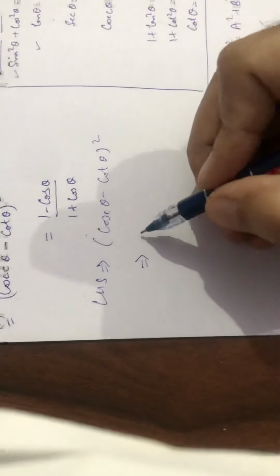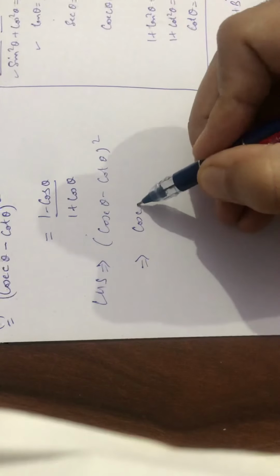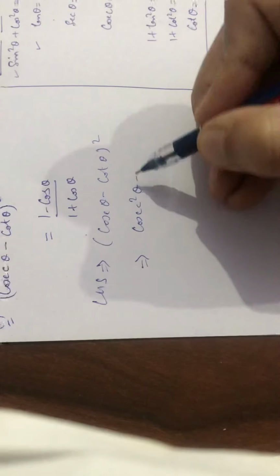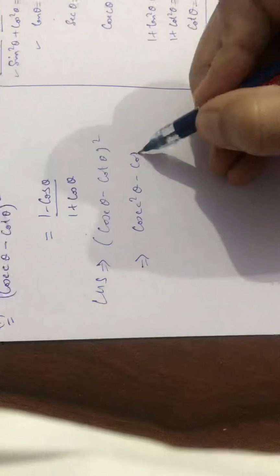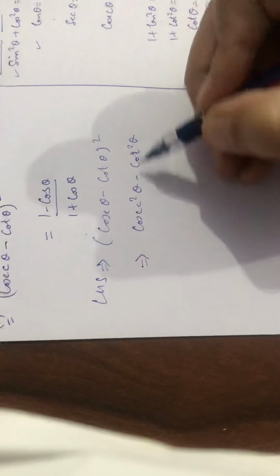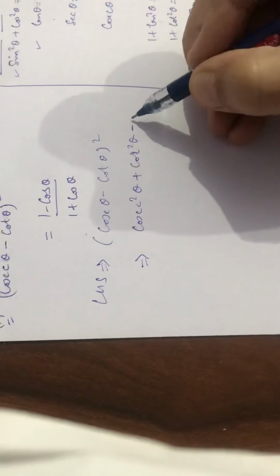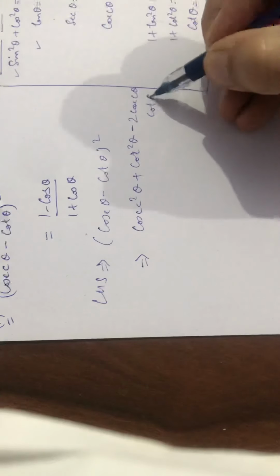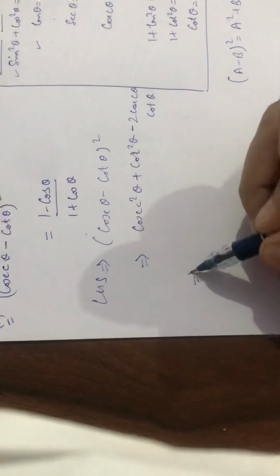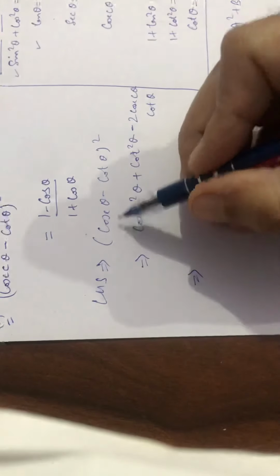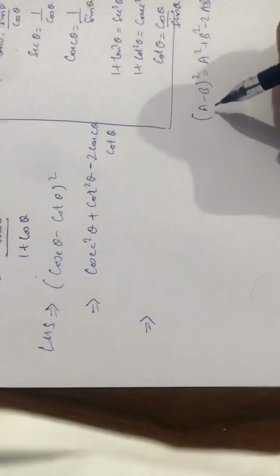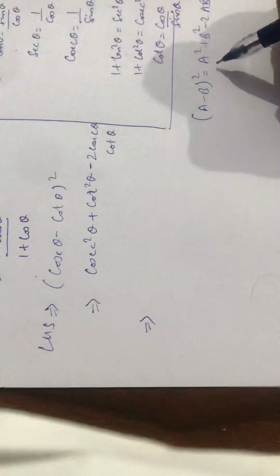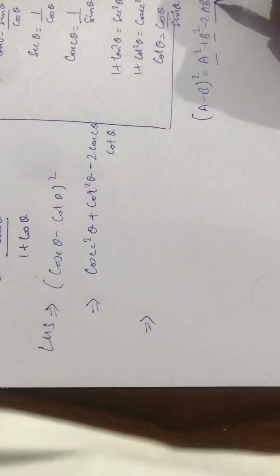In the same way we will open this: cosec square theta plus cot square theta minus 2 cosec theta cot theta. So in this way (a minus b) whole square equals a square plus b square minus 2ab.